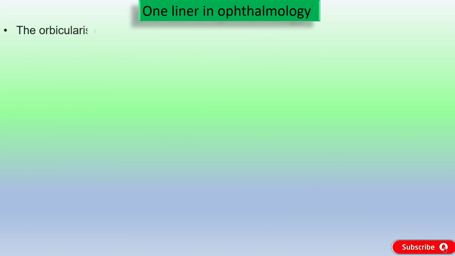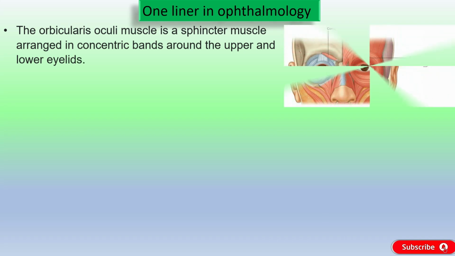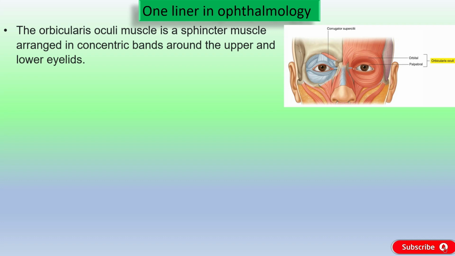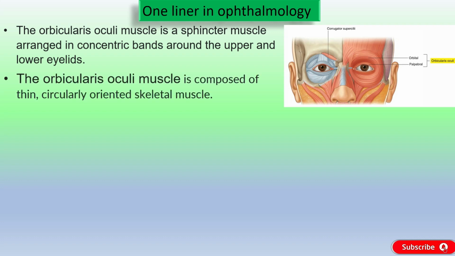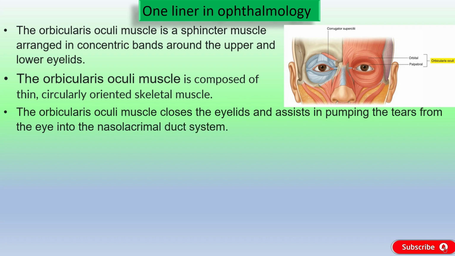It is a sphincter muscle arranged in concentric bands around the upper and lower eyelids. It is composed of thin, circularly oriented skeletal muscle. The orbicularis oculi muscle closes the eyelids and assists in pumping the tears from the eye into the nasolacrimal duct system.